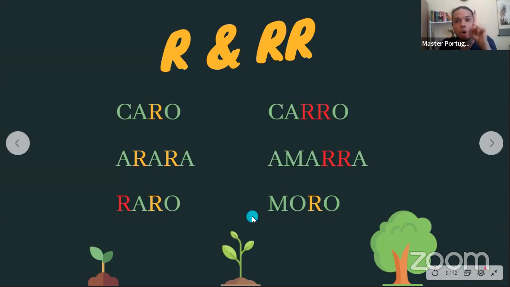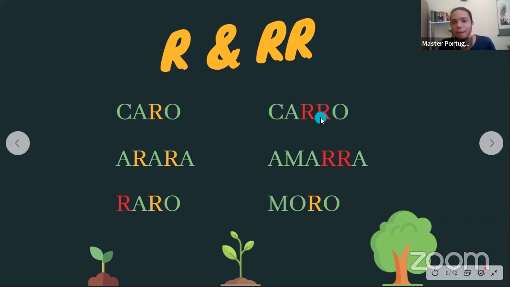If you have one single R in the beginning of a word, it's pronounced with the strong R, raro, okay? And the double R is never in the beginning of a word, it's always in the middle.